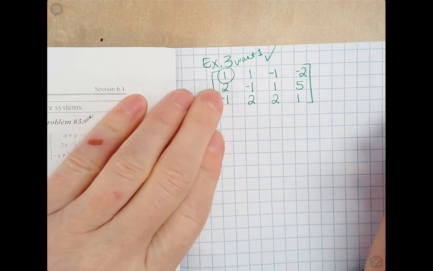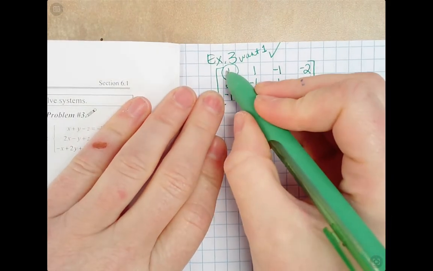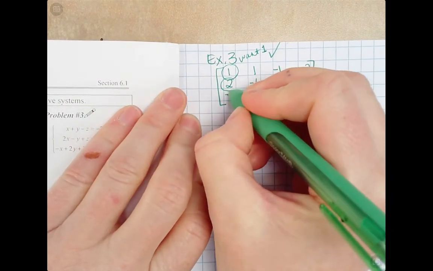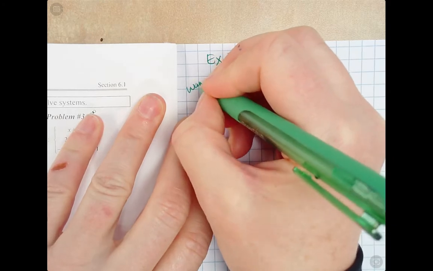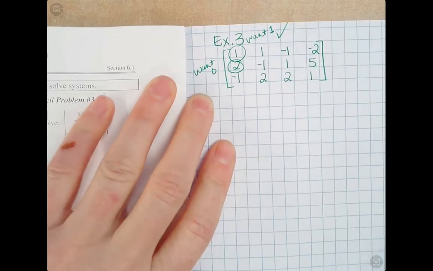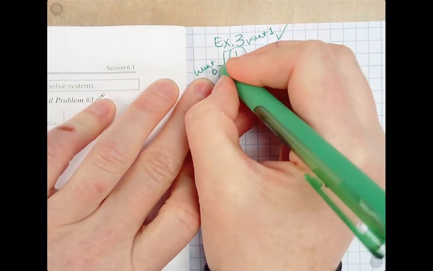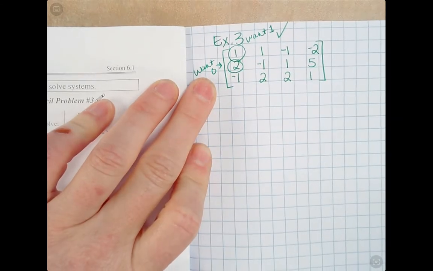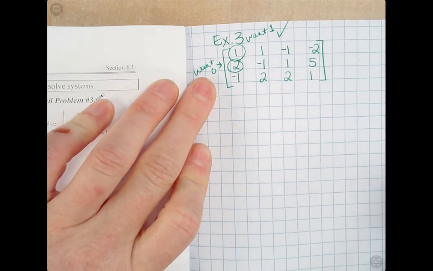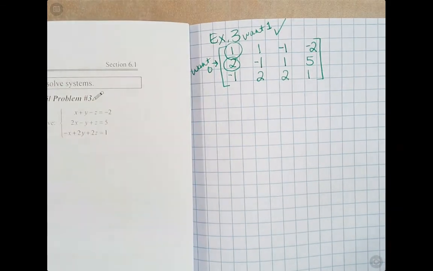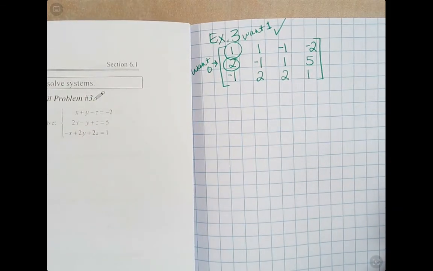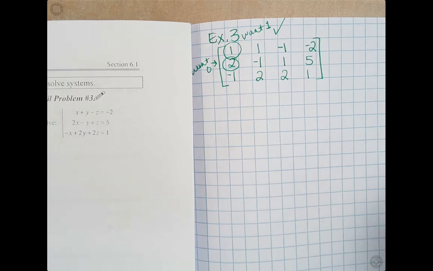So then our second step, we want this term to be 0. This term right here, we want that to be 0. So we've got to do some kind of row operations, multiply, add, subtract, whatever we can to get this to equal 0.